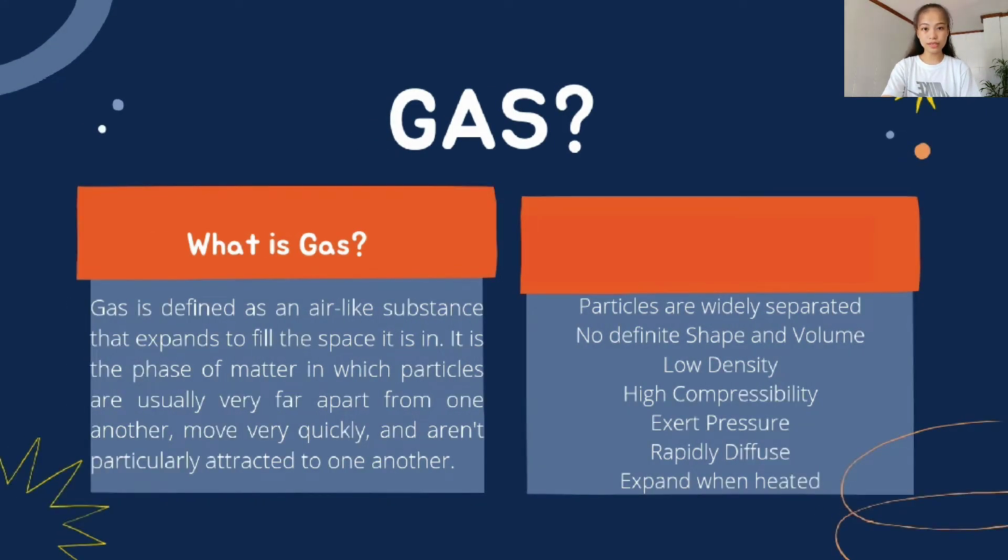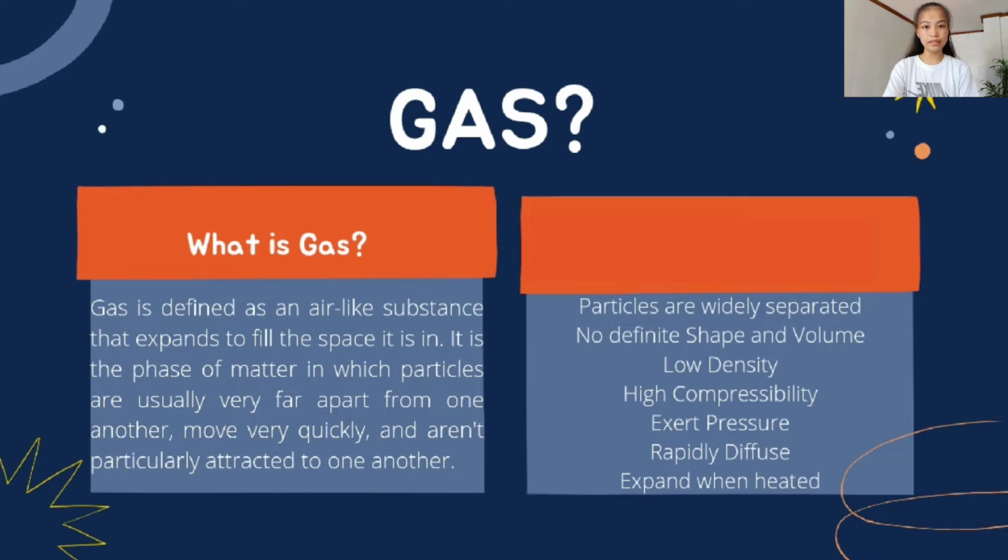Now, what is gas? Gas is defined as an air-like substance that expands to fill the space it is in. Take note that gases are much less dense than liquids and solids. It is the phase of matter in which particles are usually very far apart from one another, move very quickly, and aren't particularly attracted to one another.